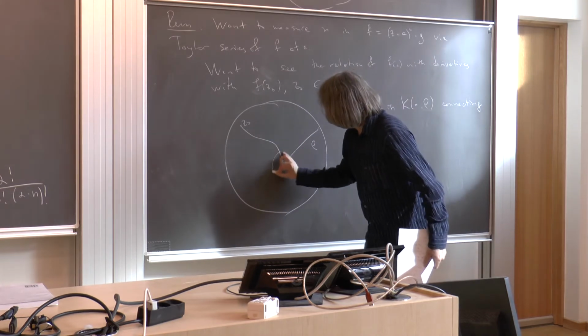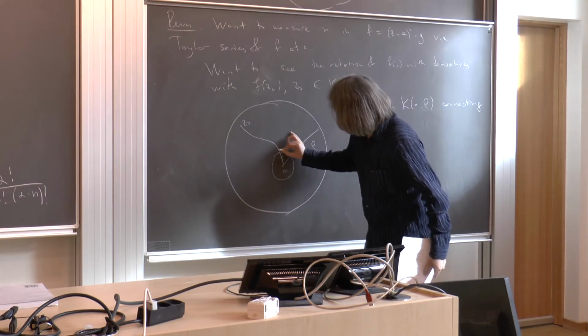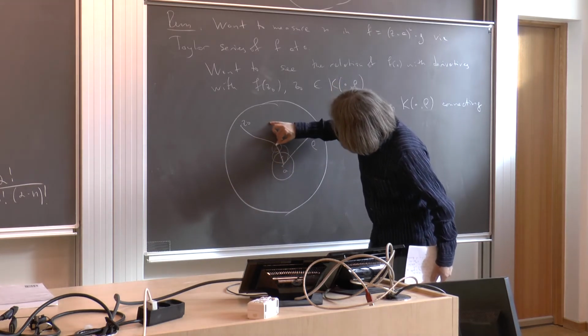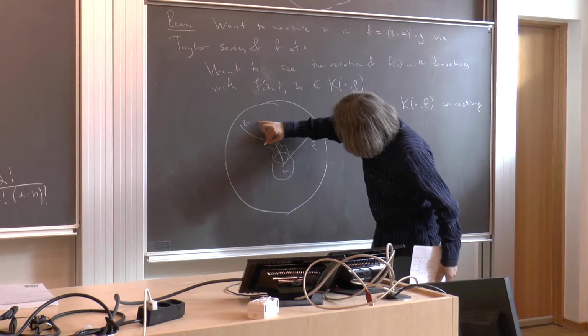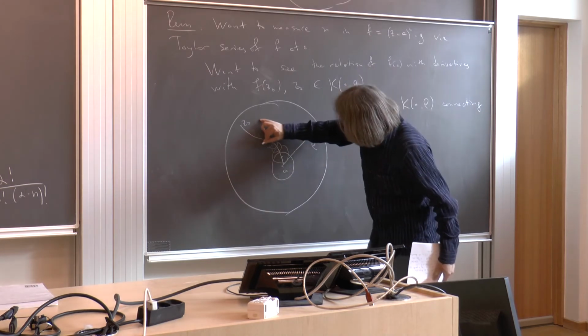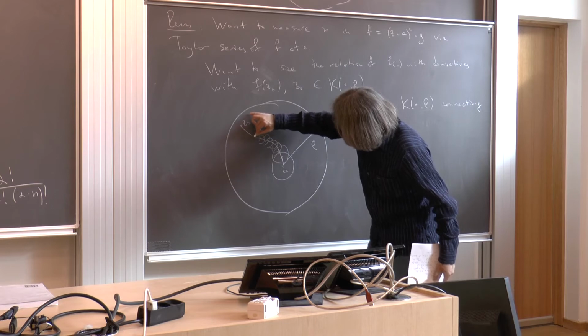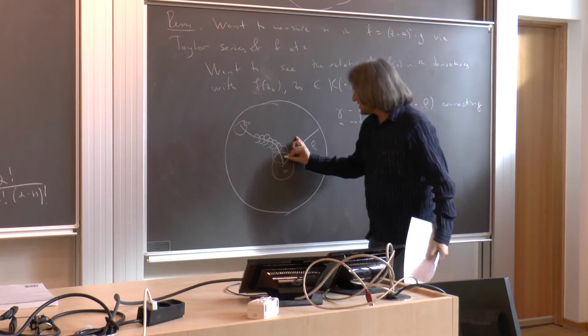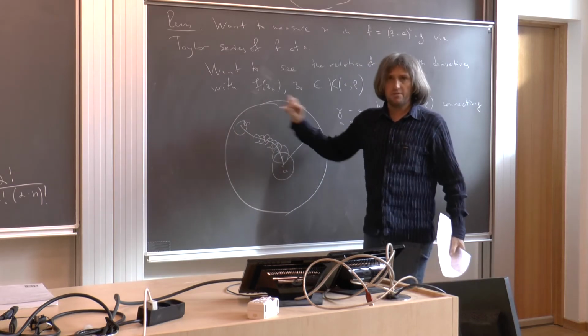We cover this path by finitely many disks in such a way that the first disk is around a, and the last is around z naught, and the center of the next disk is inside the previous one.